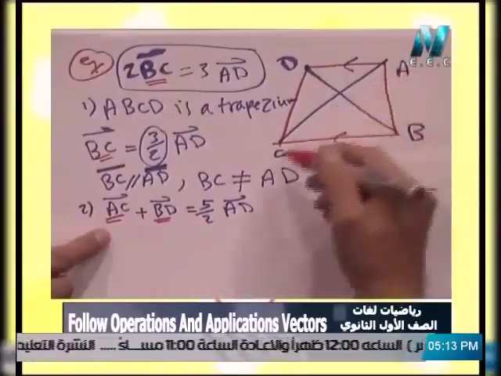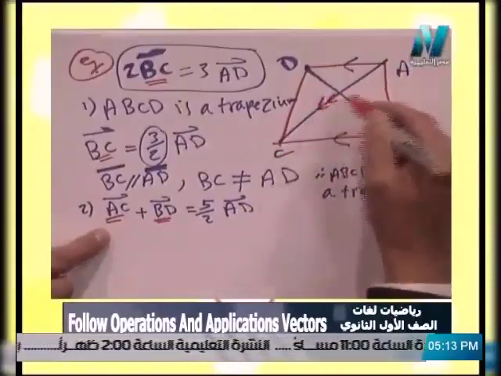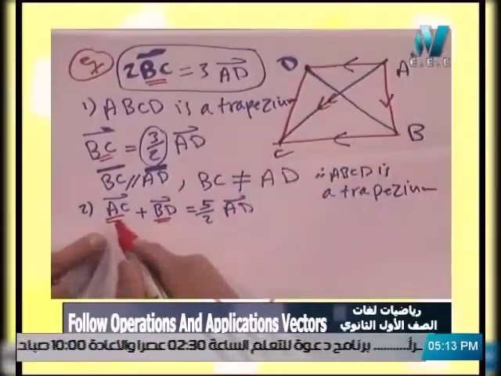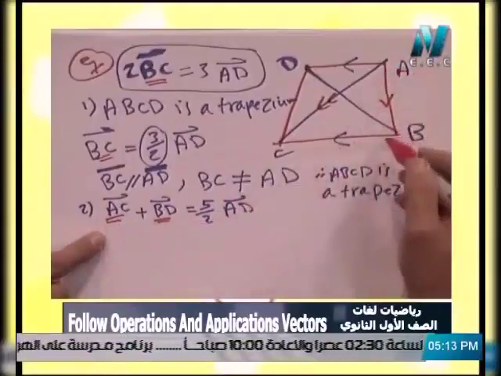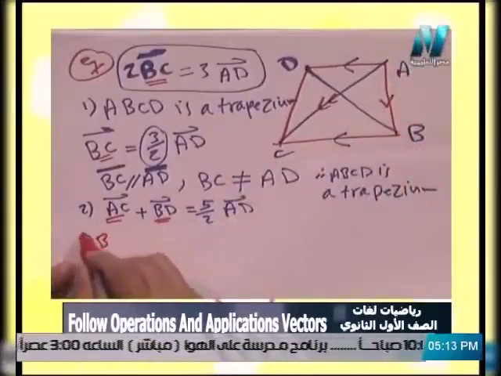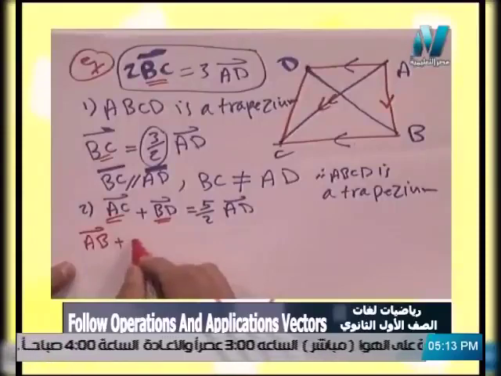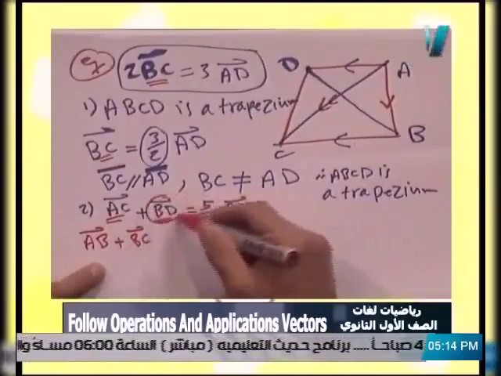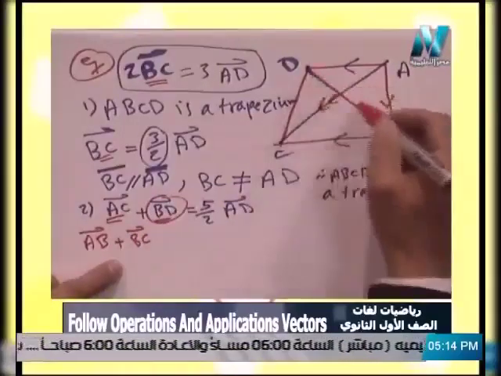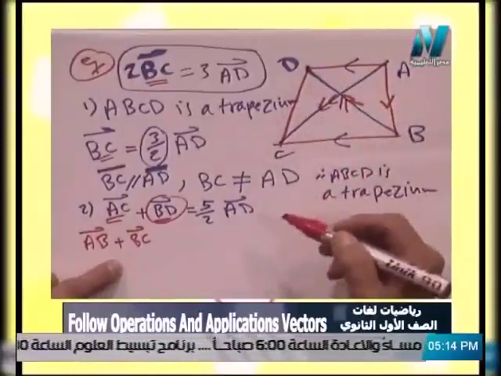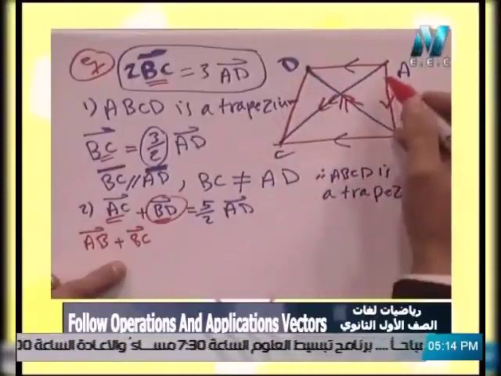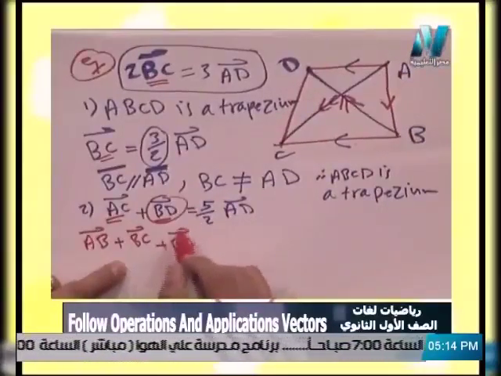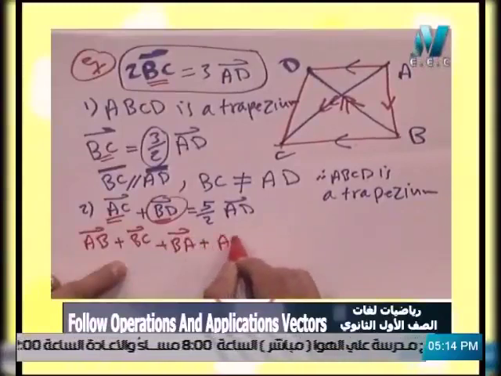So AC here equals AB plus BC. So we can replace AC by the vector AB plus the vector BC. And we can replace the vector BD here by the vector BA plus AD.